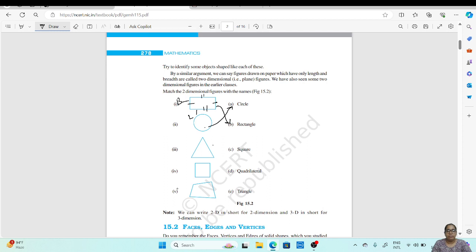Then this is a triangle with three sides. A figure with three sides is a triangle. Then this is a square with all sides equal. And this is a quadrilateral, wherein the sides are not all equal. This type of figure is called a quadrilateral.